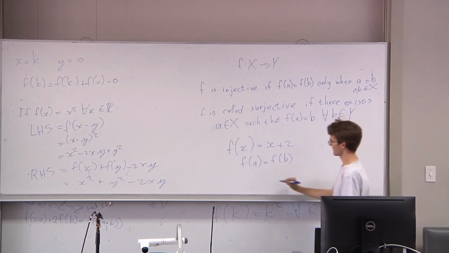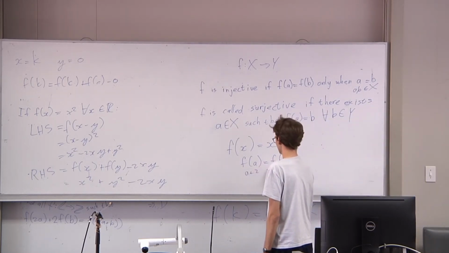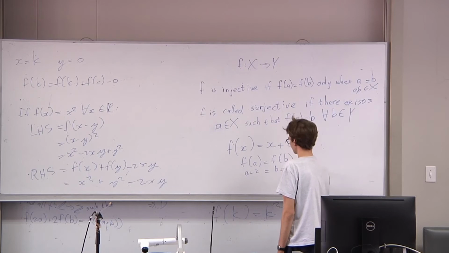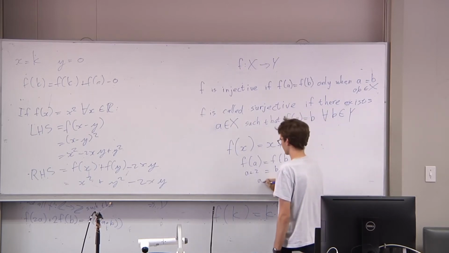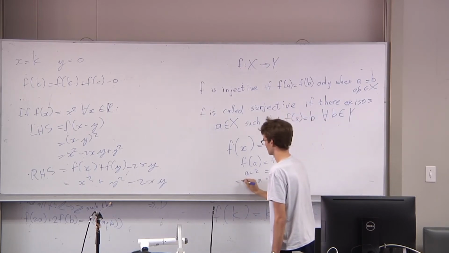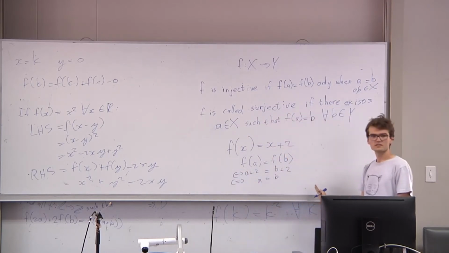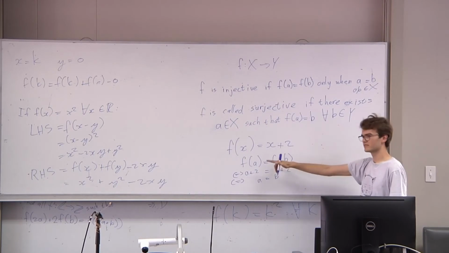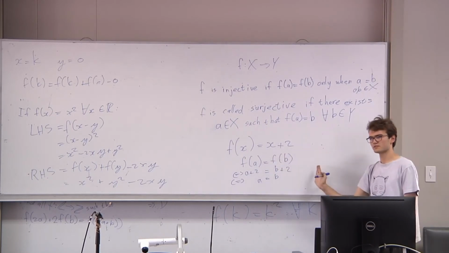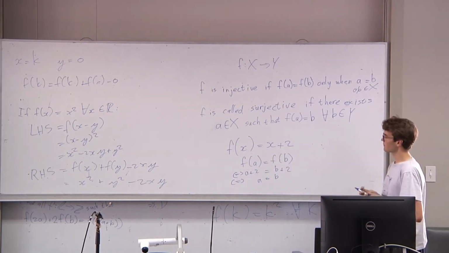Then that implies that a plus 2 must be equal to b plus 2, which implies that a must be equal to b. Okay? So that says that you can't choose two different values a and b and get f of a equal to f of b.